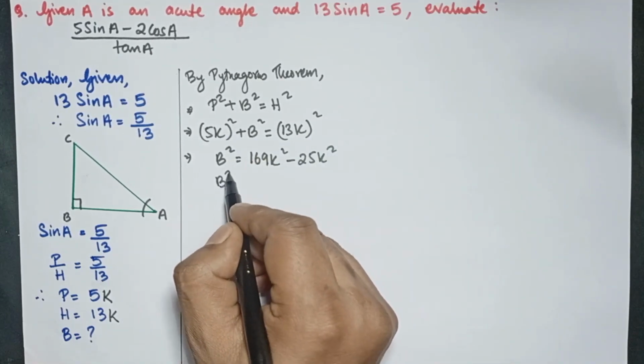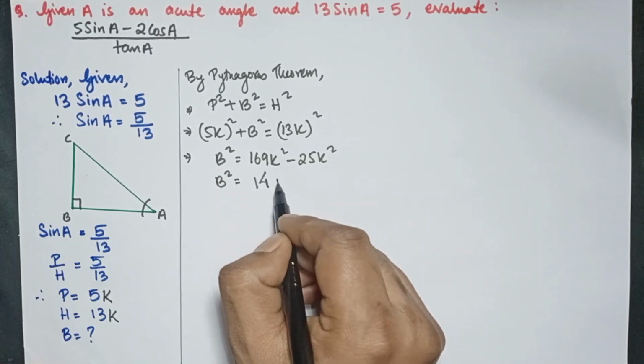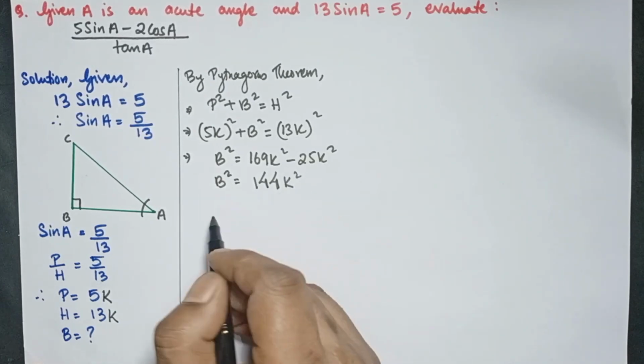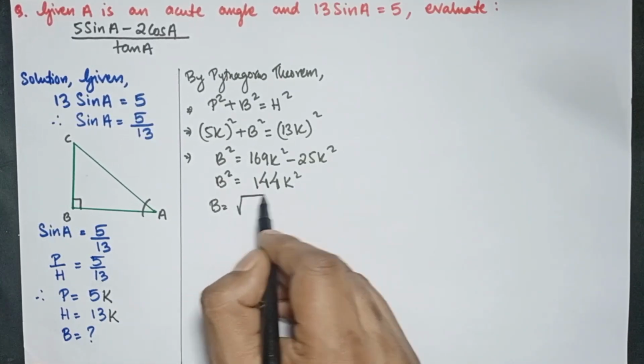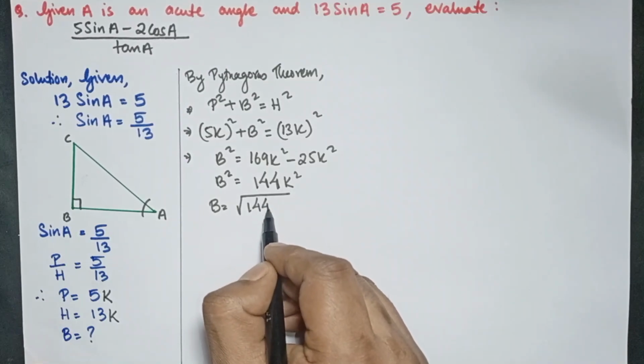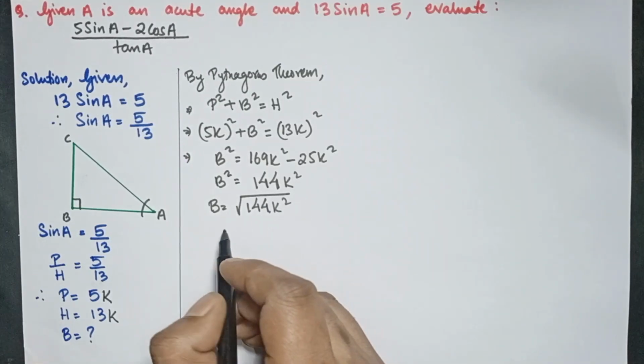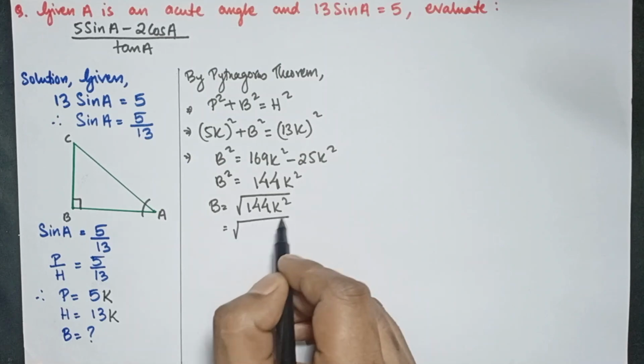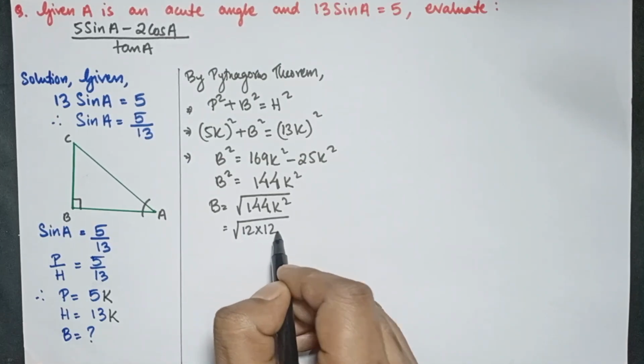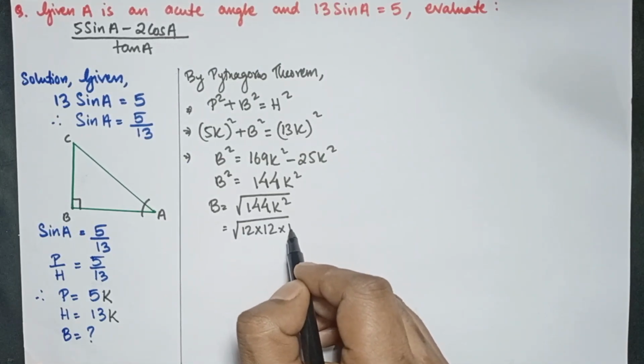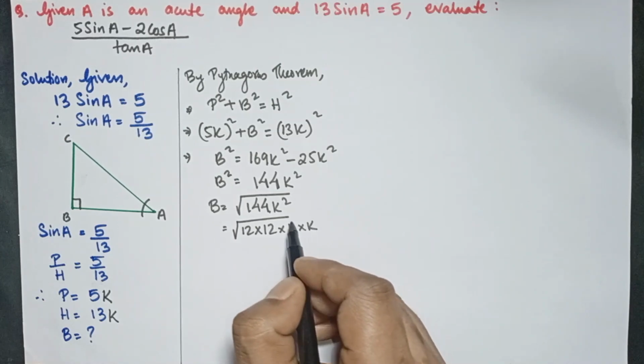So this will be b square equals how much? This will be 144k square. So b I can write as under root 144k square. Now as you know, 144 I can write as 12 into 12, and it has to be in pairs since it is under the square root.